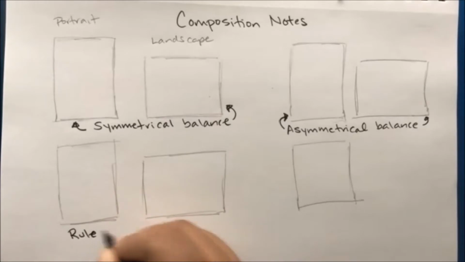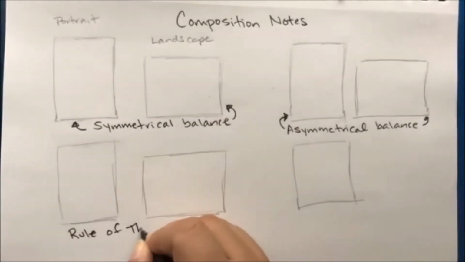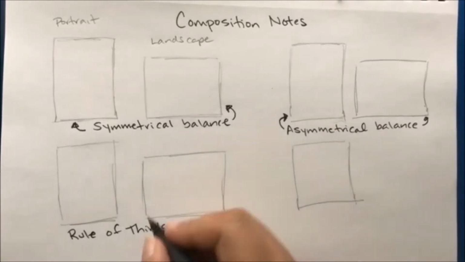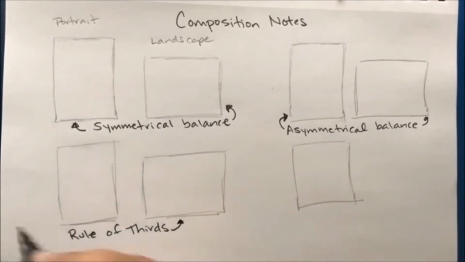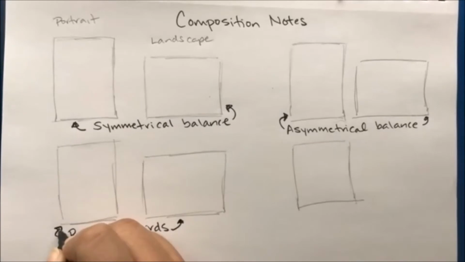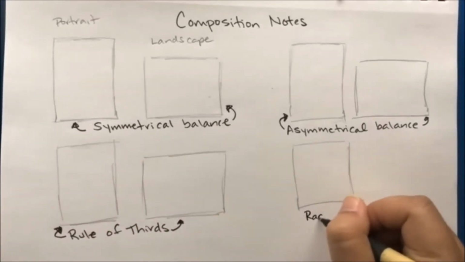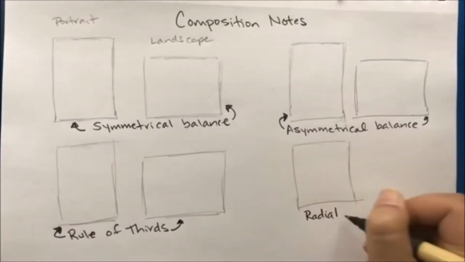We're going to talk about a composition called rule of thirds. And then we are going to just do one that is called radial.